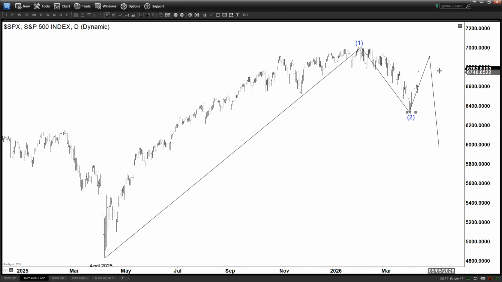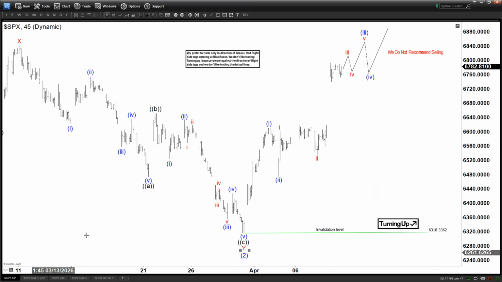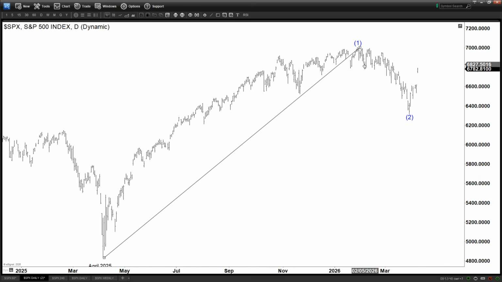Okay, as you can see right here, the WXY has the beauty of the system here is that no matter how big the correction is, if you follow the principle, it does have a pretty decent probability.